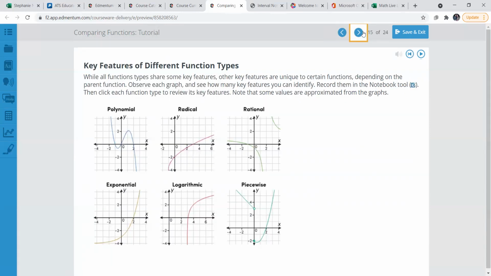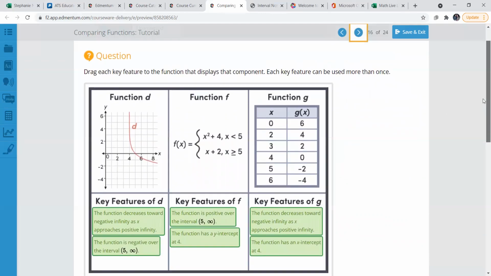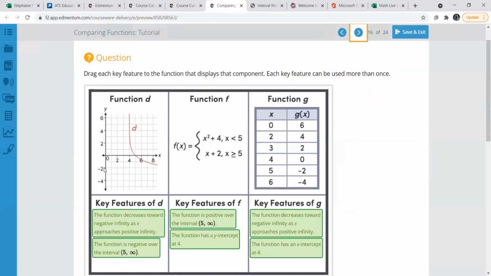All right, again, these are different types of functions. We have polynomial, radical, rational, exponential, which means that dramatic increase or dramatic decrease, logarithmic, and piecewise. Here, we have three different functions and their key features. So function D, the function decreases towards negative infinity as x approaches positive infinity.